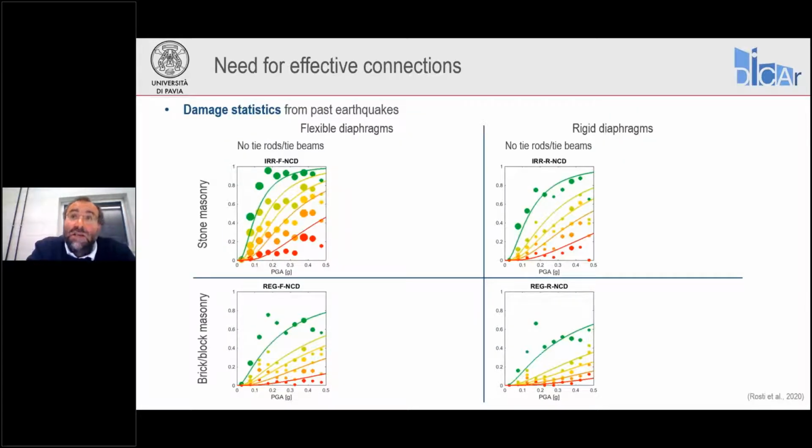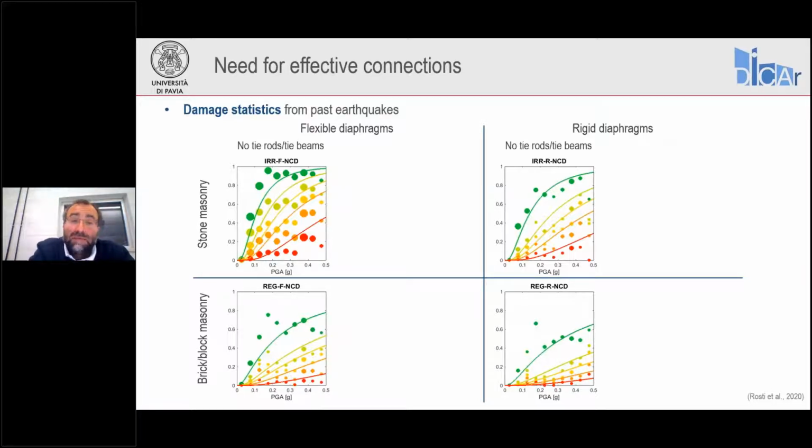Also, the statistics from actual earthquakes confirm this observation. Here, what I'm showing are fragility curves for different situations. You see the top row is for stone masonry, the bottom row is for brick and block masonry.